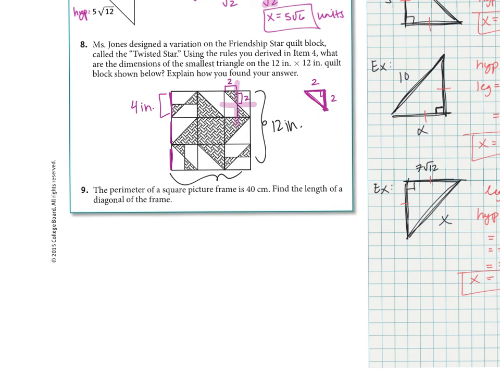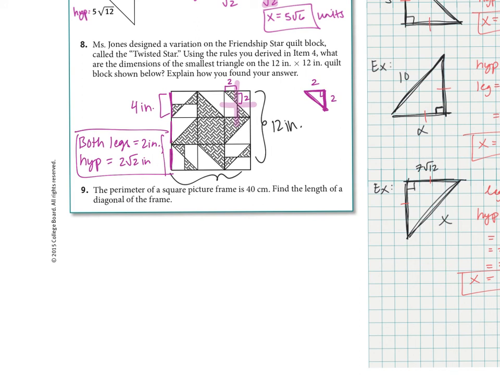It's asking us what are the dimensions of the smallest triangle. So we know both legs equal 2 inches. But we also have to say what the hypotenuse of that equals. So again, following our pattern from before, to find the hypotenuse, we take the leg times root 2. So it'll just be 2 root 2 inches.